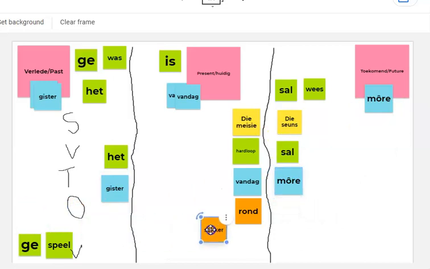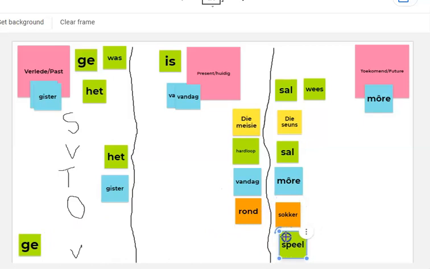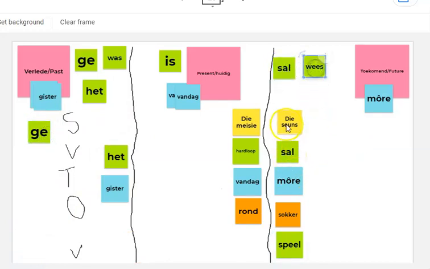And there's soccer and speel. And you don't need a crash helmet in the future, so we just put that one away. So let's read the sentence. It says, die seuns sal môre soccer speel. How easy is that, hey? Very easy. Okay. And if you want to have a look, it's still SVTOV.